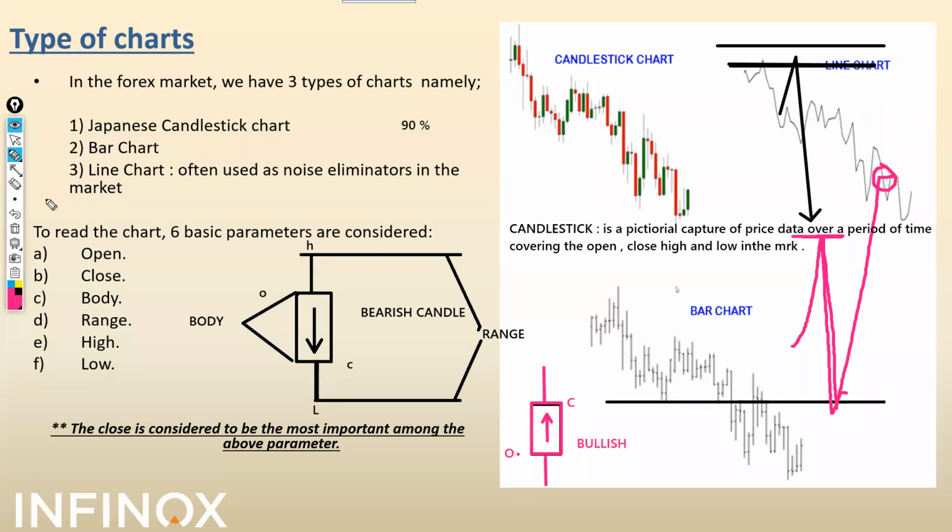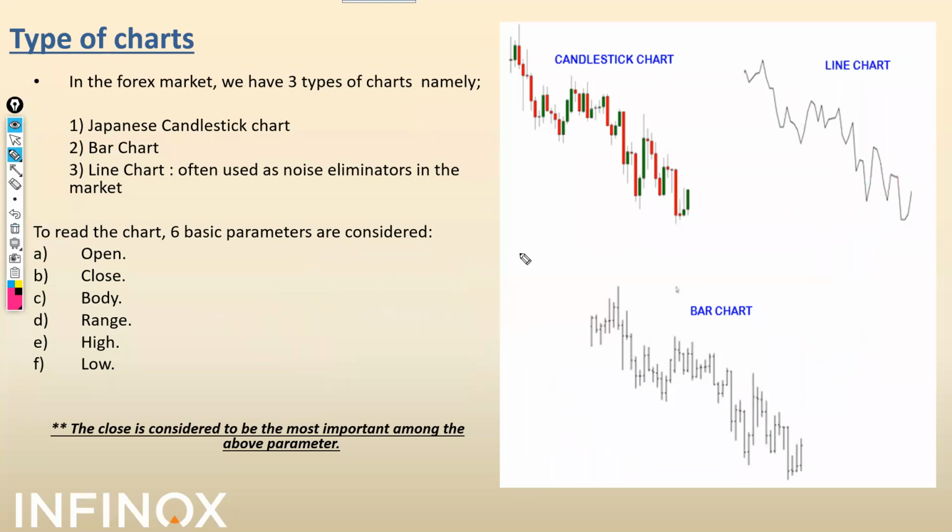Now there is an argument that says since the close of the candlestick is the most important, we should not be looking at the high, low, whatever. This is what gave birth to line charts. The line chart is a graphical display of data over a period of time indicating only the closing price.